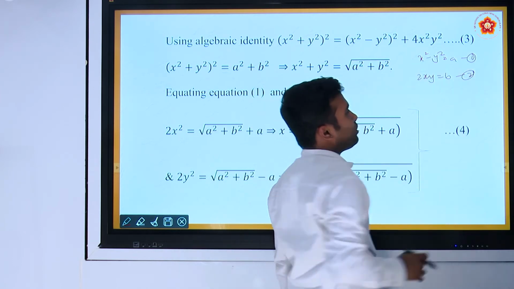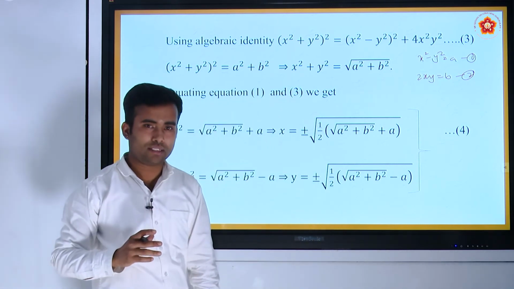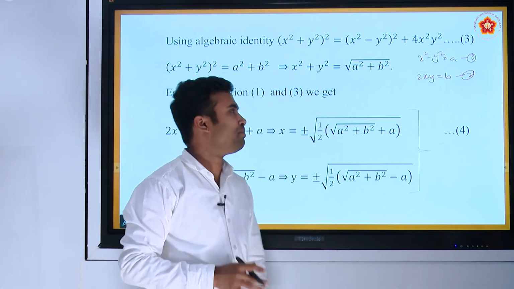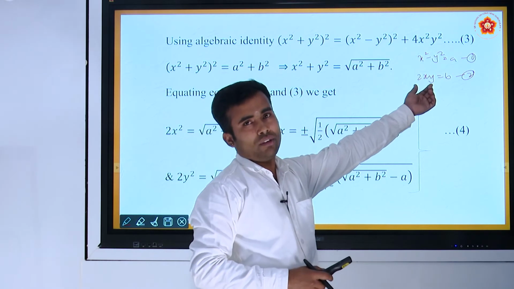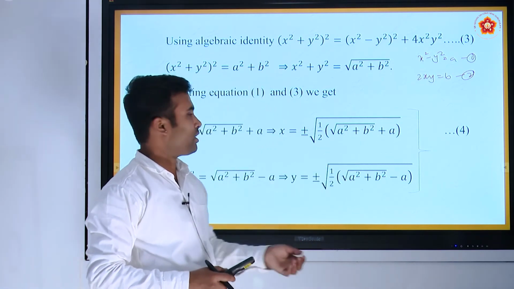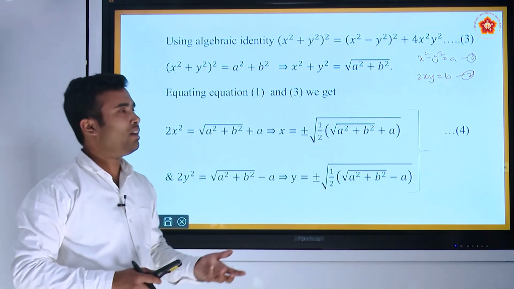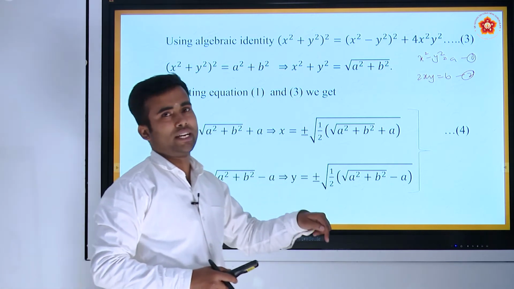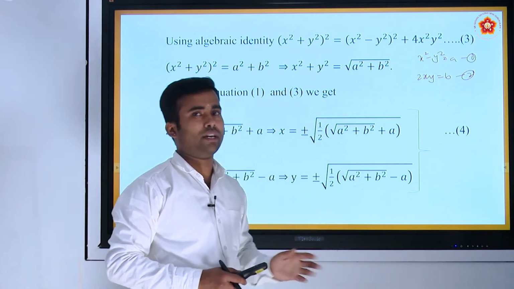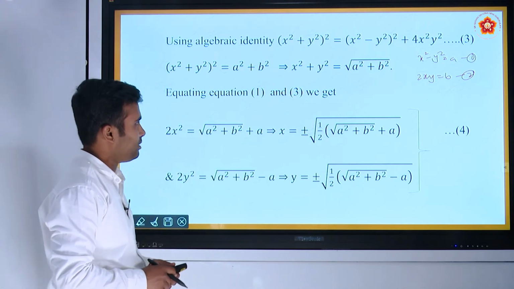This is equation 2. From equation 2, we have to discuss, suppose b is positive, the product is positive. What are the possible values for x and y? Another case is if b is negative, what are the possible values of x and y? That is what we have to discuss now.